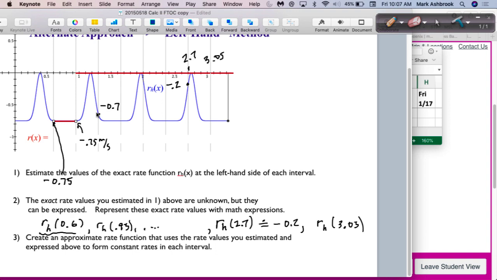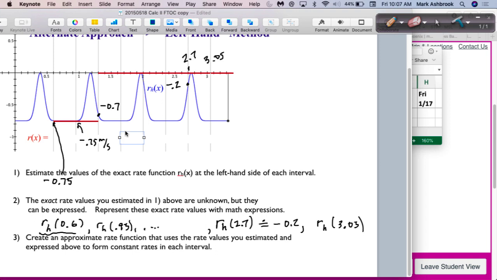Next interval. What do we say the rate was at the left side of the interval? Negative 0.75 again, right? So we're going to have the same thing. I'm going to grab this constant rate of change and match it up with the left side.